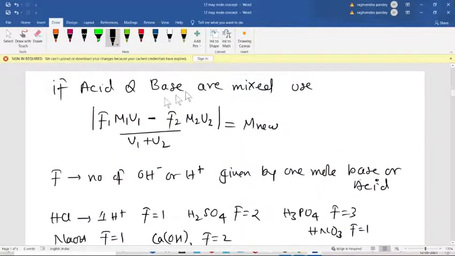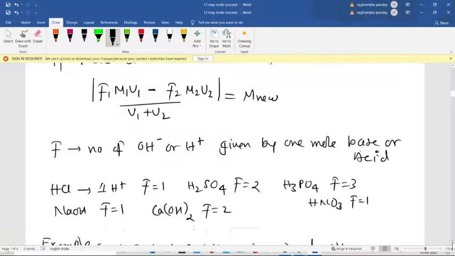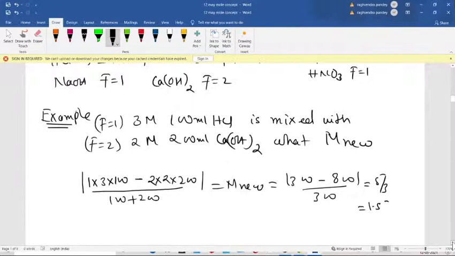This formula is used when they are reacting. Most of the time that is acid and base, or a reducing and oxidizing agent, where reduction and oxidation are going on, so some reaction is going on. At that time we will use this formula, but in the first chapter they will just give you this, so I don't think they will ask anything more.